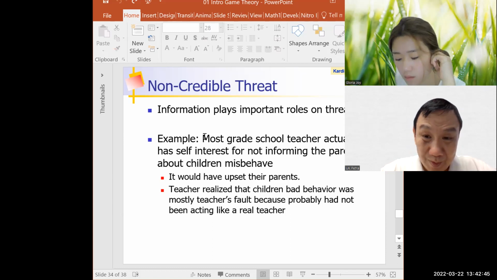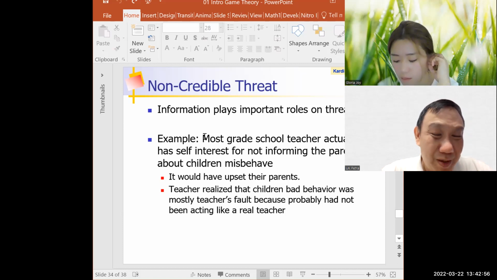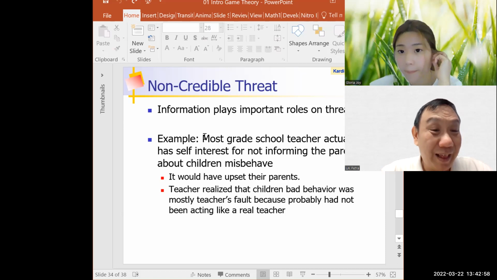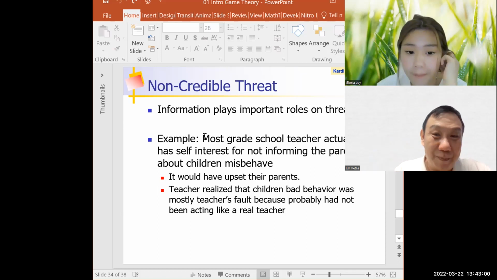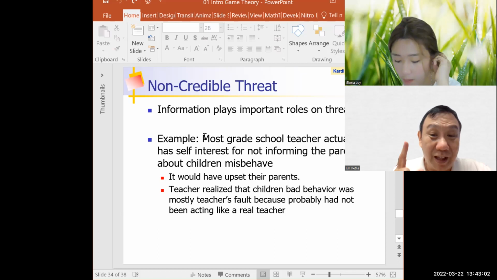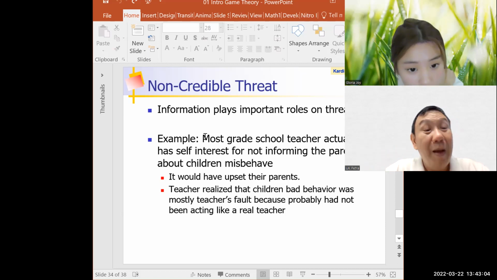You are the teacher, so you tell the children, if you misbehave, I will tell your parent. You threaten the children by saying, if you misbehave, I will tell your parent.